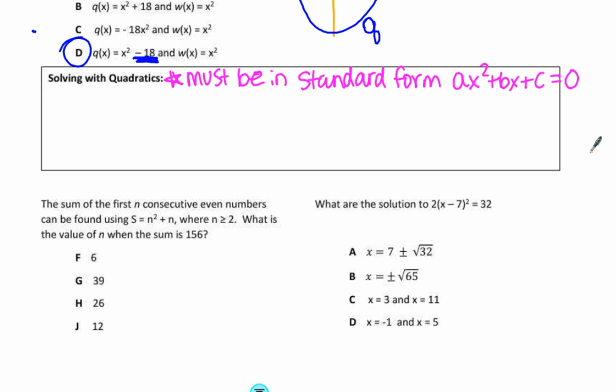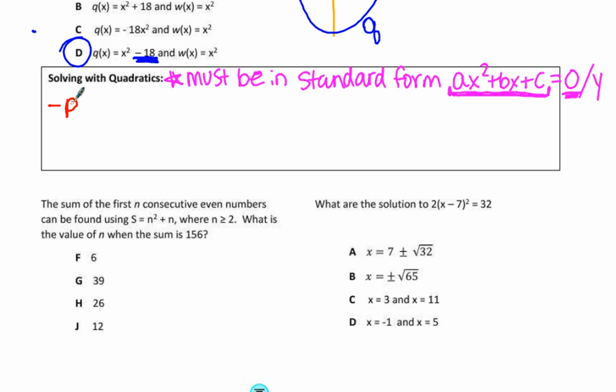My point is we want everything to be on the same side and equal to 0 or equal to y. So get all your numbers onto the same side before you plug it into your calculator.